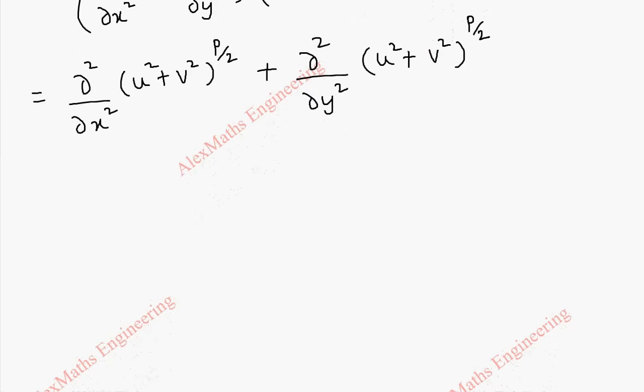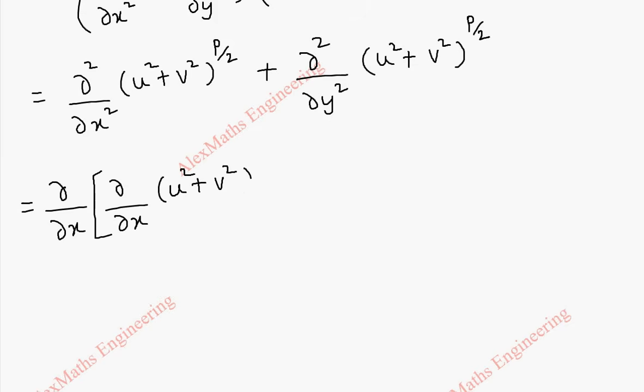Further, this second differentiation we have to do step by step. So we split ∂²/∂x² as ∂/∂x of ∂/∂x of (u² + v²)^(p/2).